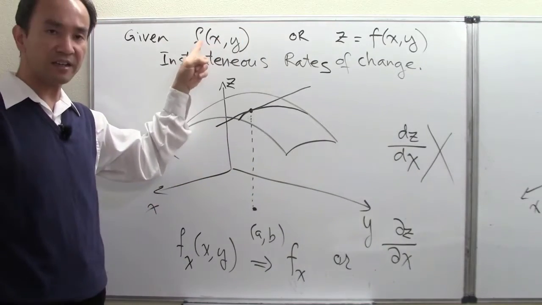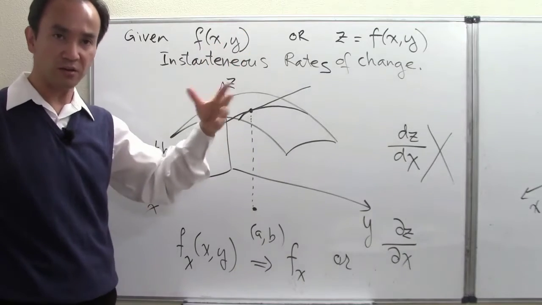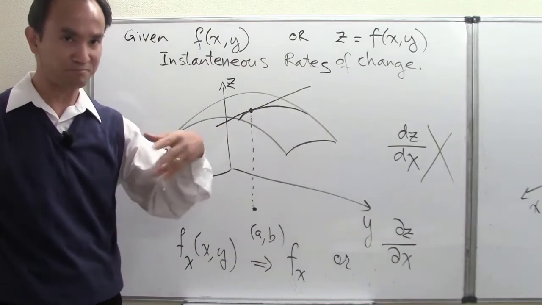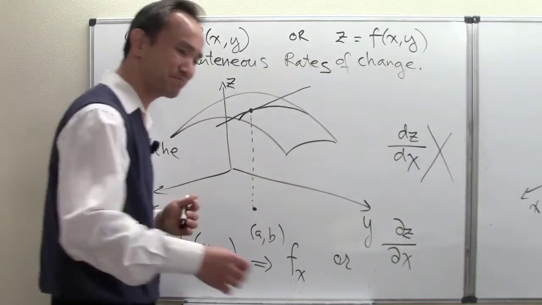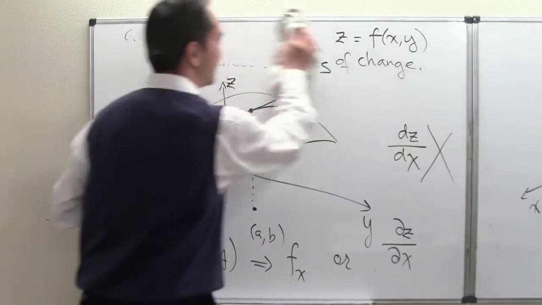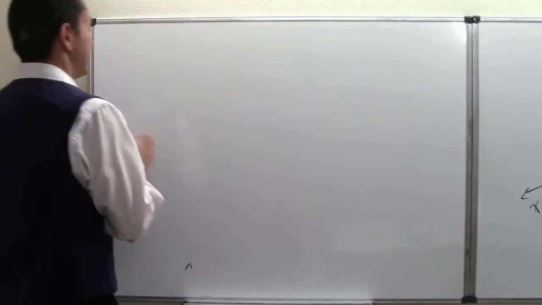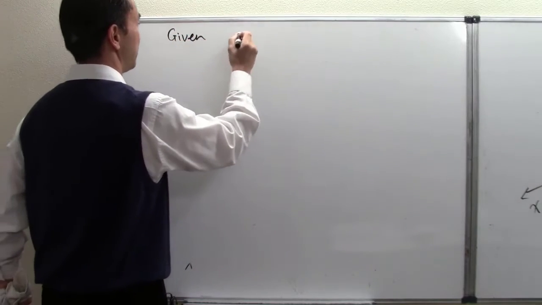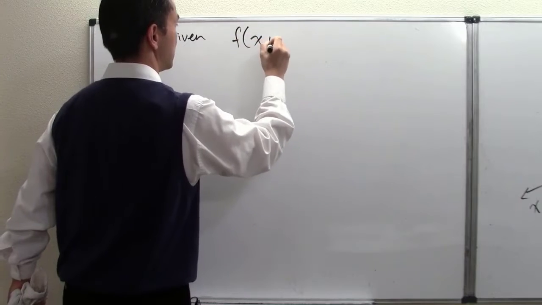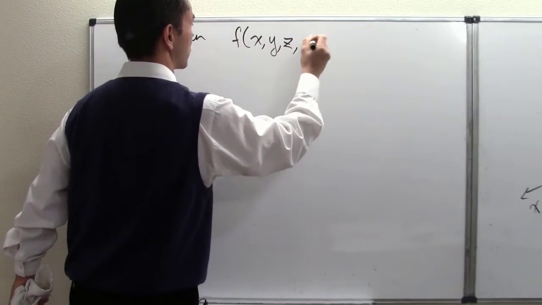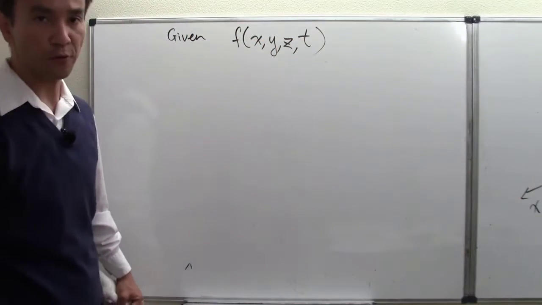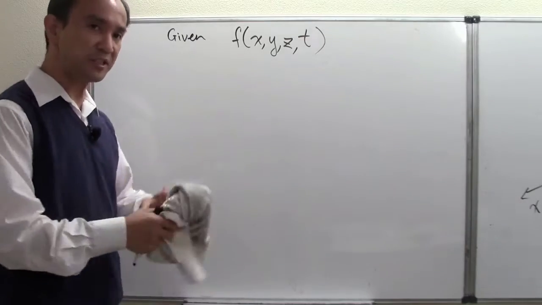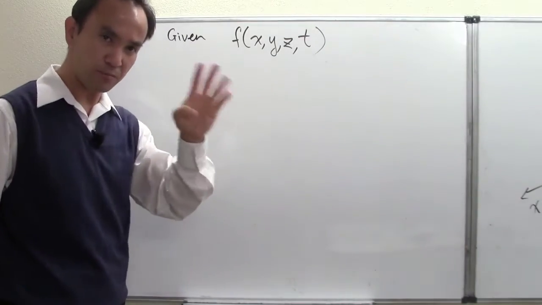So if we're looking at f of x, y, and z, then there will be f sub x, f sub y, f sub z. For example, if we were given a function of three or even more variables, four variables for example, then I am expecting four separate partial derivatives.